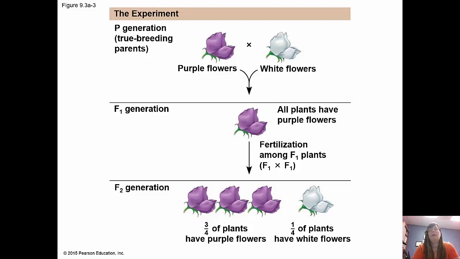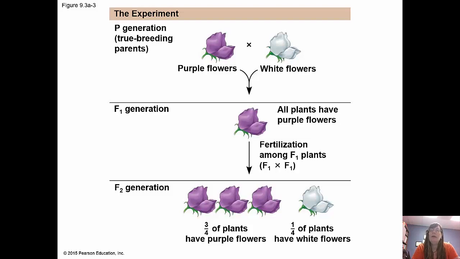So if you cross homozygous parents, a homozygous dominant with a homozygous recessive, all of the F1 generation are going to be heterozygous. Because again, purple can only donate the purple allele, white can only donate the white allele. So the F1 generation will have one purple allele and one white allele. But since purple is dominant, they will all be purple.